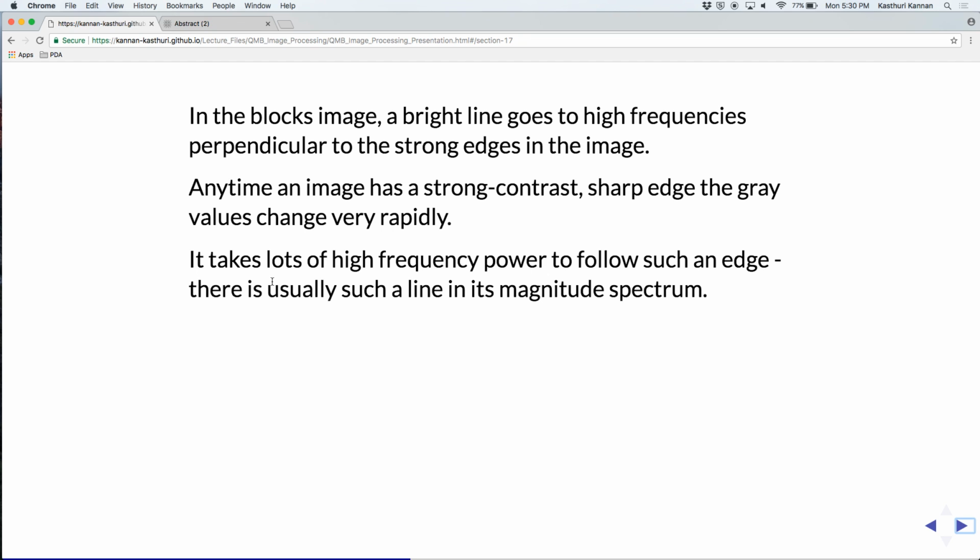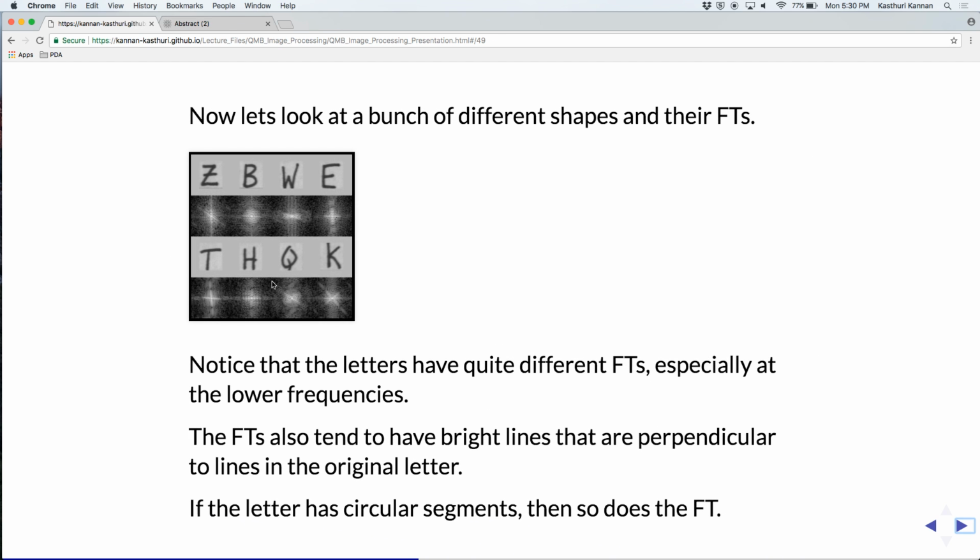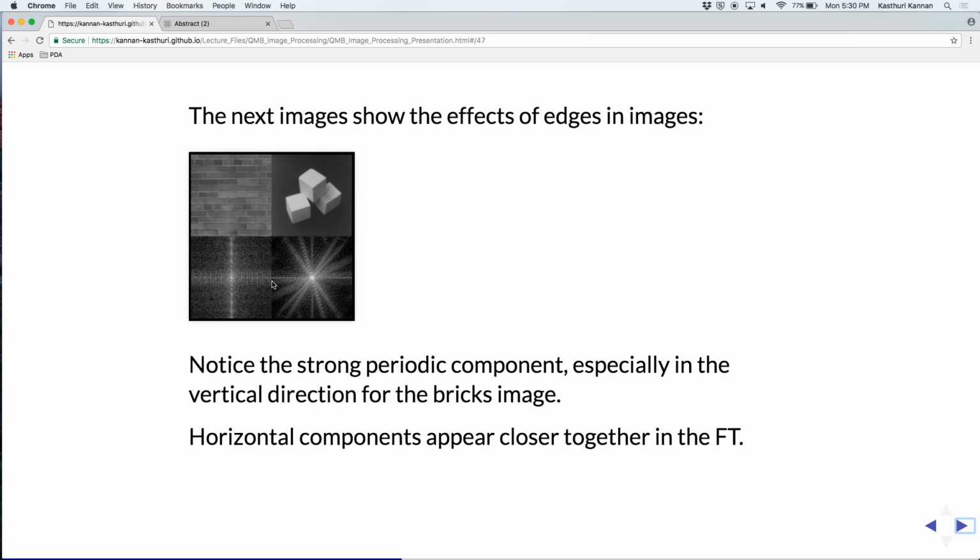It takes a lot of high frequency power to follow such an edge, because it's such a line. If you look at the magnitude spectrum, you will see in this cube all these kinds of lines caused by the sharp edges the image has. So this is the message: when you have sharp edges, it's going to reflect a high contrast in the Fourier transform and possibly include high frequency information in there. Okay. All right.